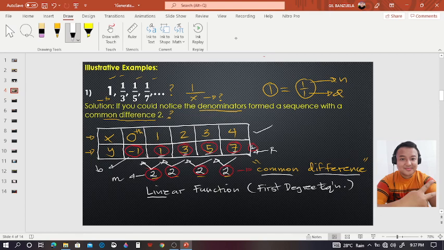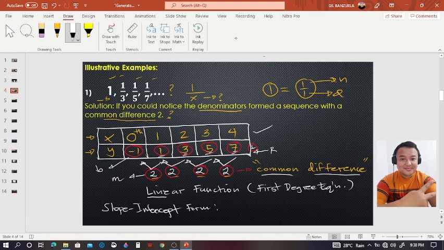And if we could recall our lesson during our grade 7 and grade 8, we came across the topic called the slope-intercept form. Alright? Okay, slope-intercept form, or y form.